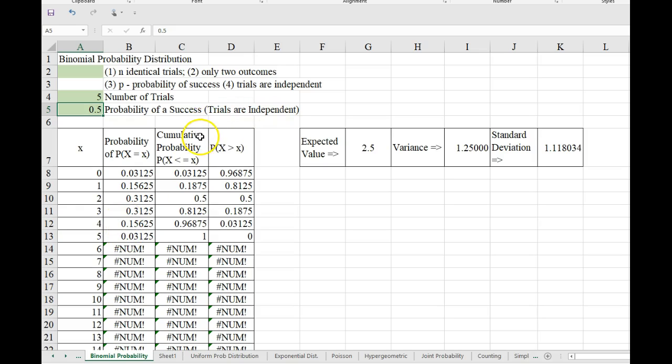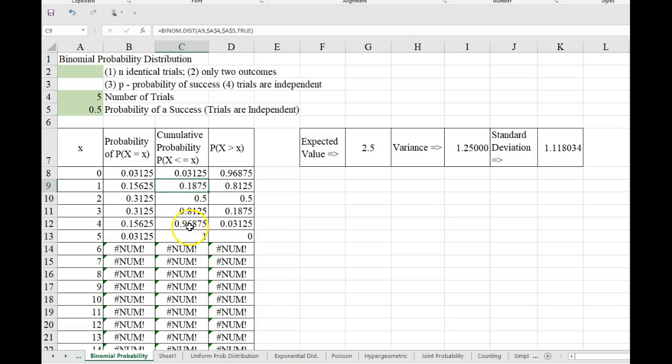The second column shows you the cumulative probability. So this is the probability that x is going to be less than or equal to one of these values. So, for example, the probability of having one boy or less, in other words, either one or no boys, is going to be the sum of these two values, the sum of 0.03125 plus 0.15625, which is 0.1875.